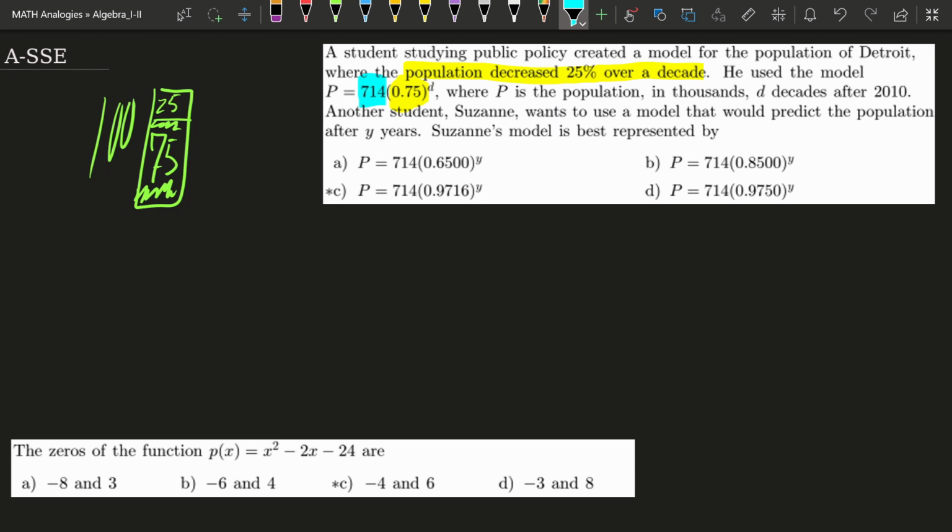Suzanne actually has the initial population of 714 down correctly. So it's going to be a matter of what we are putting on the inside of our parentheses instead of 75%, like when we use 75% for decades. That's a big difference, decades compared to years.